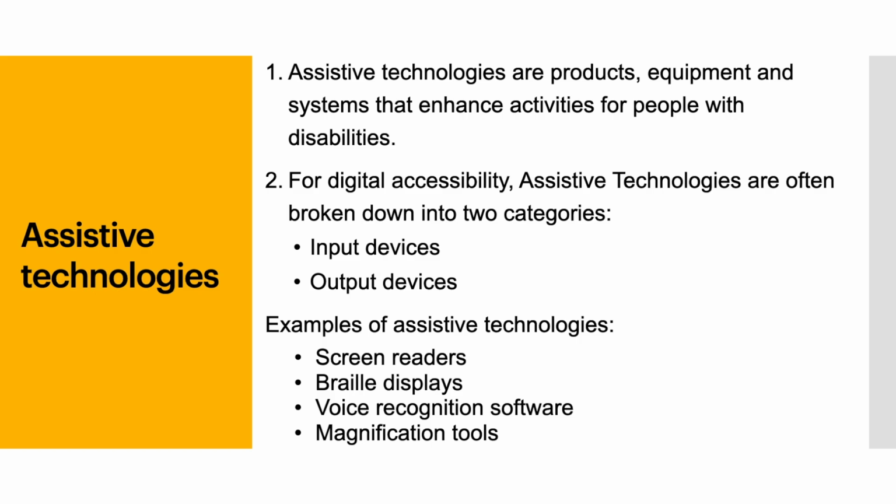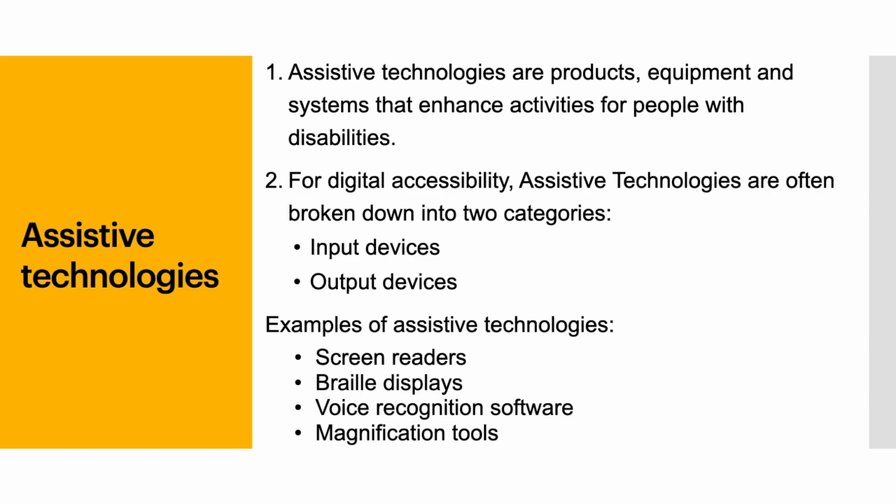So what are assistive technologies, and how do they help people with various disabilities? Assistive technologies help bridge the gap between digital interfaces and users with disabilities. These technologies are categorized into input devices and output devices.